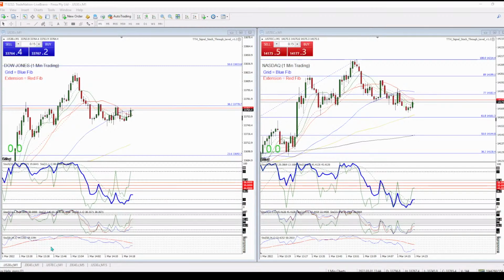About 8 minutes until opening. Watch that 33 up through 50 on both of them. Separation short will not be valid. 5 minute trend is up.